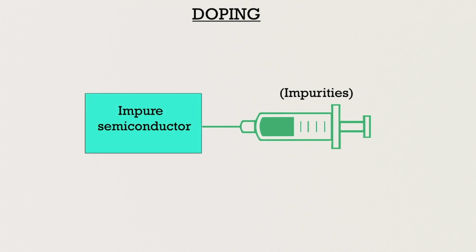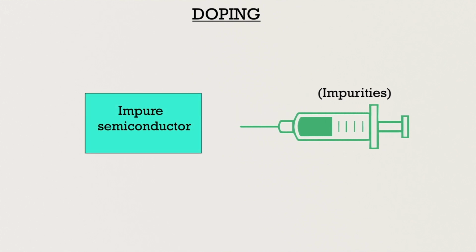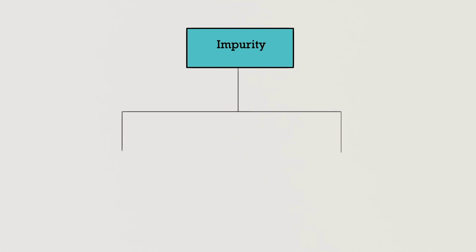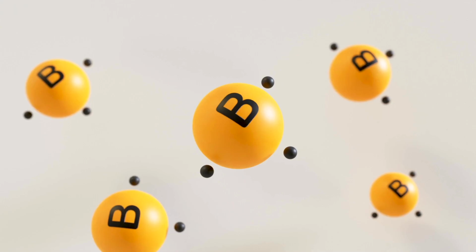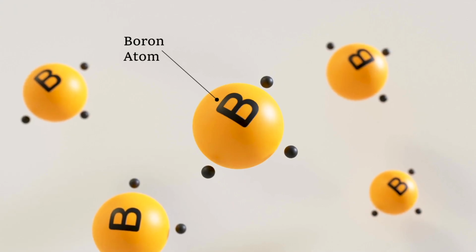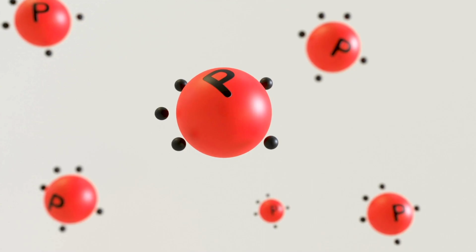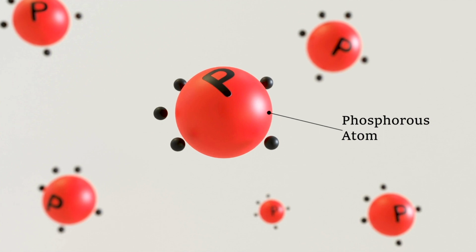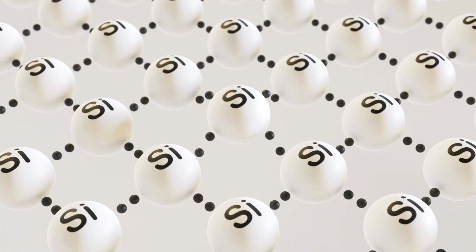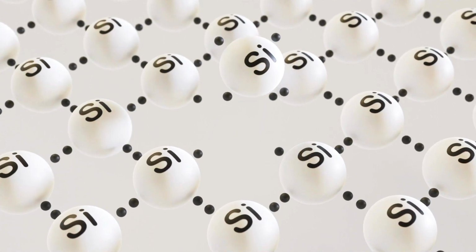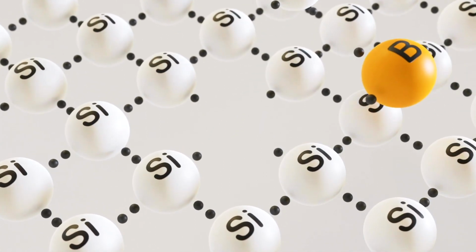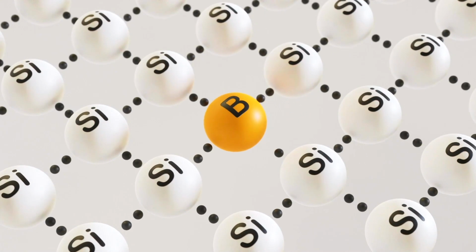Doping is the process of adding suitable impurities to a pure semiconductor. Impurities are classified as trivalent and pentavalent impurities. A trivalent impurity, like boron, has only 3 electrons in its valence shell. On the other hand, a pentavalent impurity, like phosphorus, has 5 electrons in its valence shell. Because of this, when a trivalent impurity is added to pure silicon, a vacant position of an electron, known as a hole, is left.